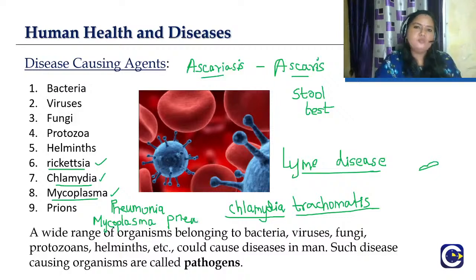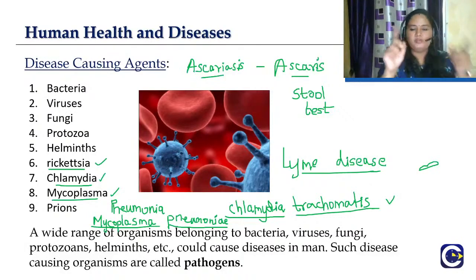I know it is too much to remember all of them, but scientists have named all of these with a simple logic. Since it is pneumonia and since it is the mycoplasma that is causing the disease, the name is Mycoplasma pneumoniae. They make it more simple like that. Okay, since the chlamydia is the one that causes the sexually transmitted disease, it is caused by Chlamydia trachomatis.